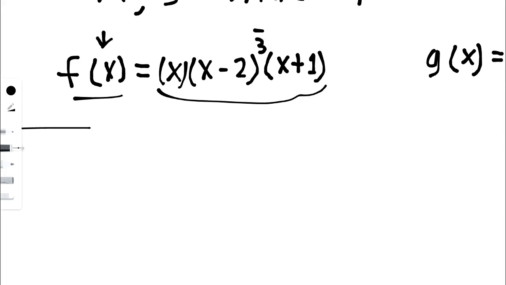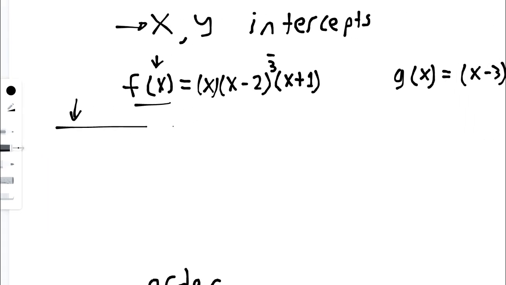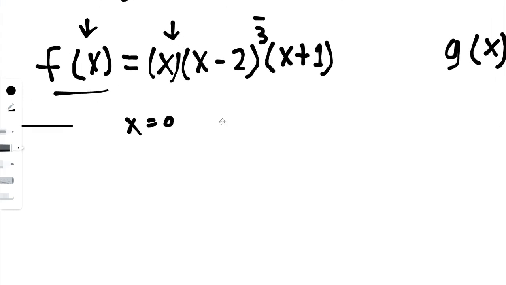So looking right off the bat, when x equals 0, we got 0 as one of the x-intercepts.